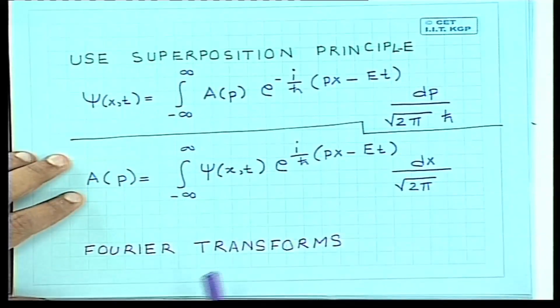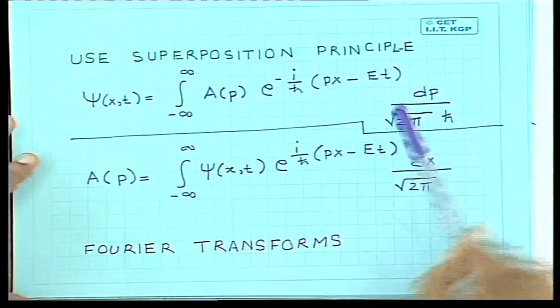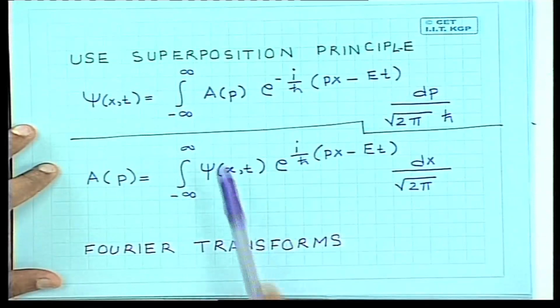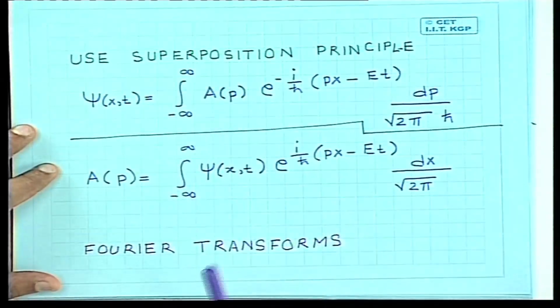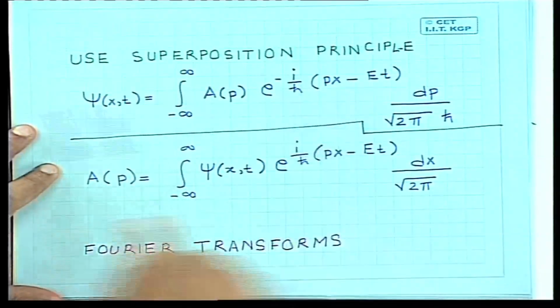So what we did was to superpose different waves with different momenta to construct another wave, psi of x,t, which is a superposition of waves with all possible values of momentum, A of p indicating the weightage given to the different values of momentum.